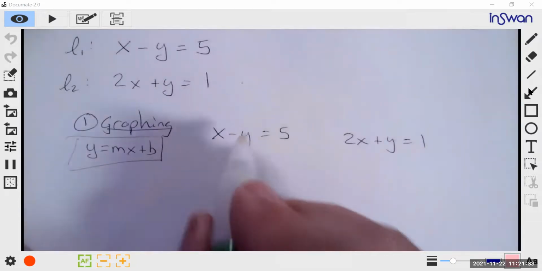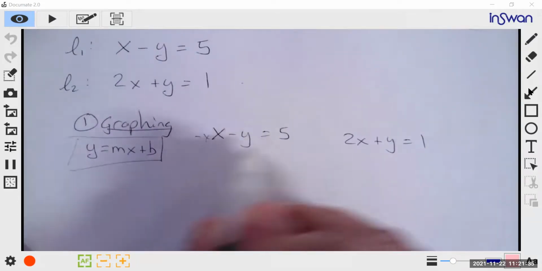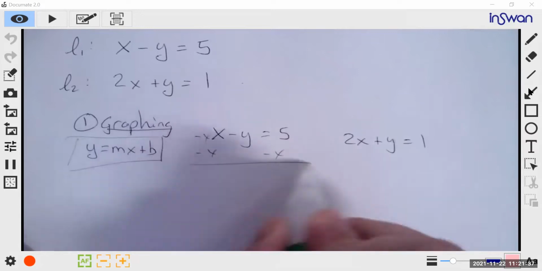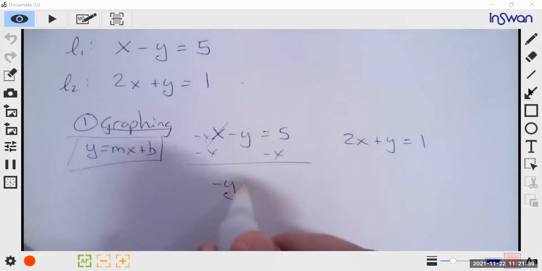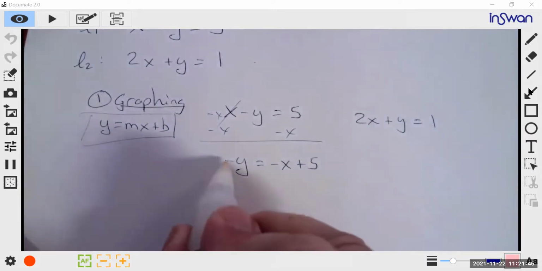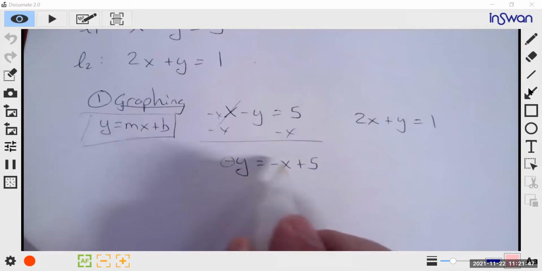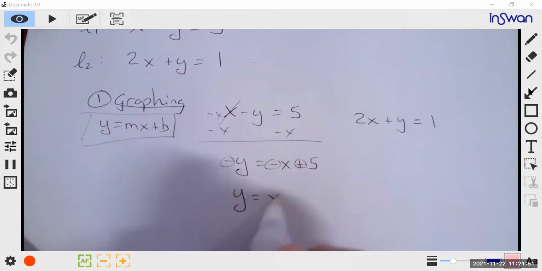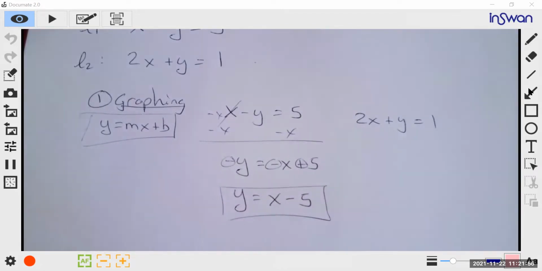So here, I can subtract the x from both sides. Negative y equals negative x plus 5. Change the sign across the board because you can't have a negative y. And there's our first line.